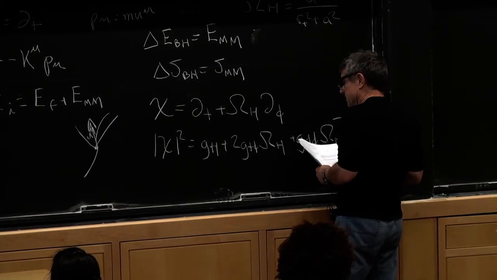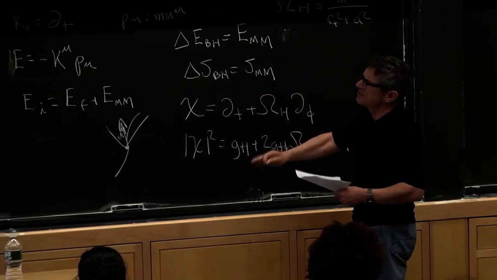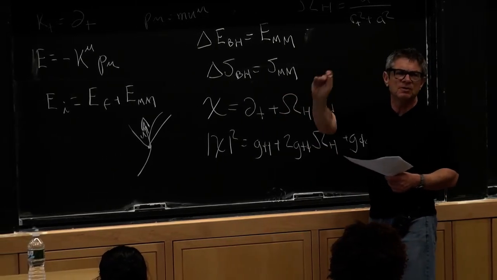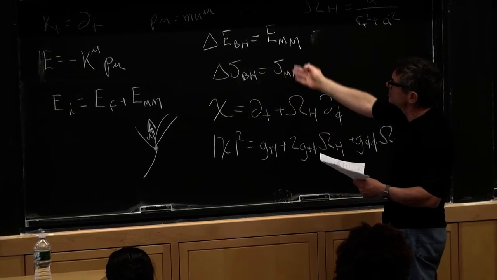So in this kind of discussion, it's nice to talk about M and J because they're the things that we naturally think about changing when we throw something into the black hole. They're the conserved quantities along the geodesics.